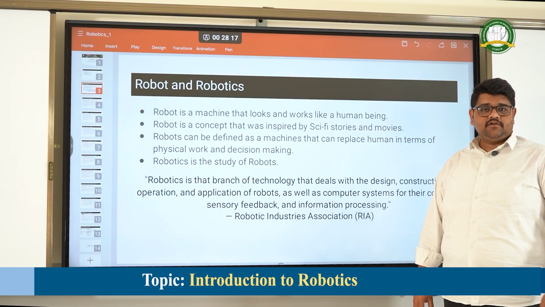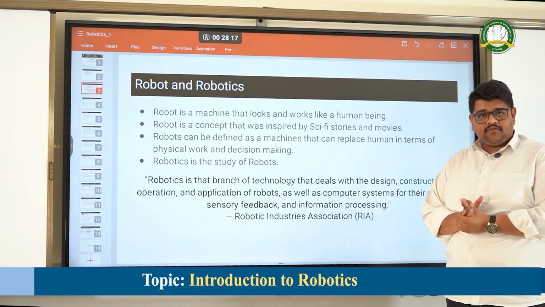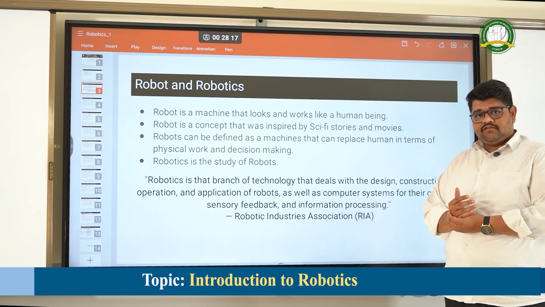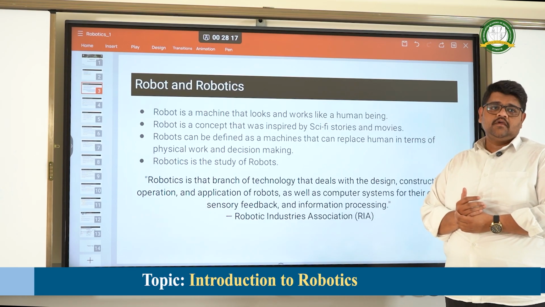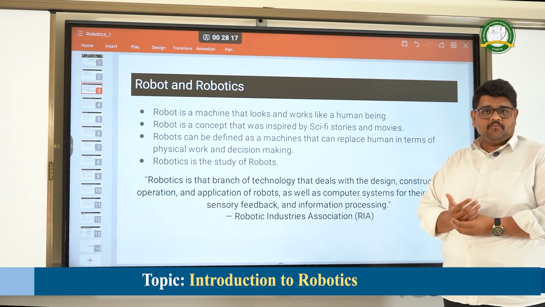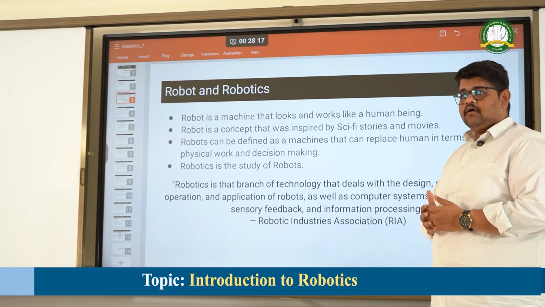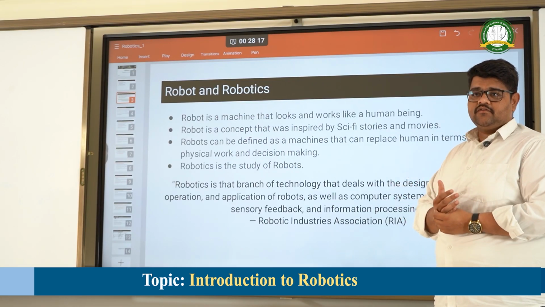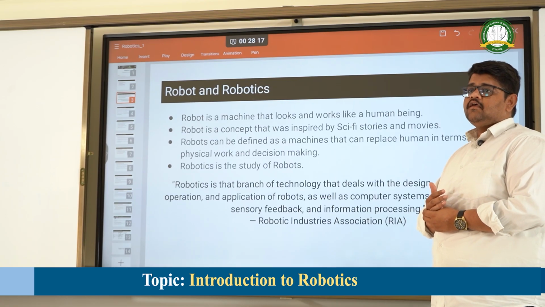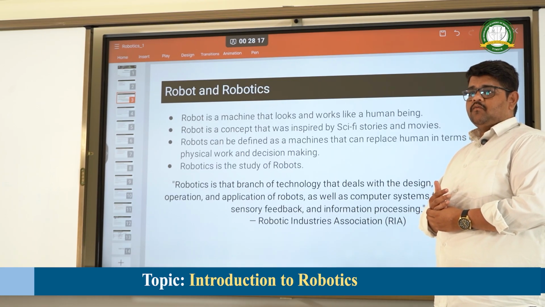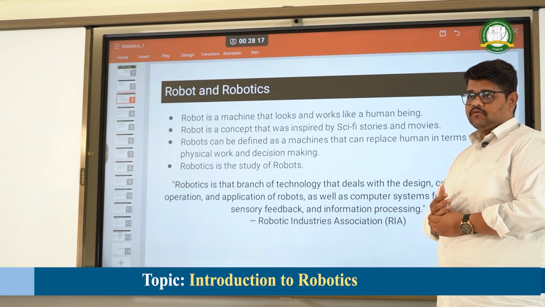The Robotics Industries Association, located in North America, defines robotics as a branch of technology which deals with the design, construction, operation and application of robots.